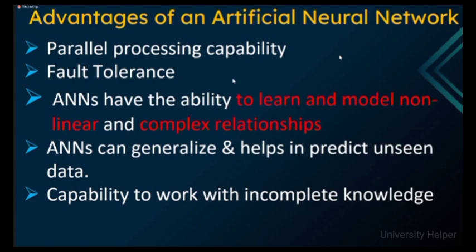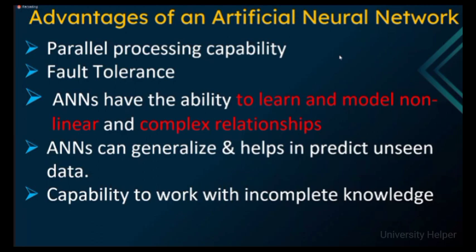Then we will go for the advantages of using the neural network: parallel processing capability, which means that compared to other machine learning algorithms, by using a neural network you can get more precise results than with standard state-of-the-art machine learning algorithms, and fault tolerance. How many of you have heard about fault tolerance?